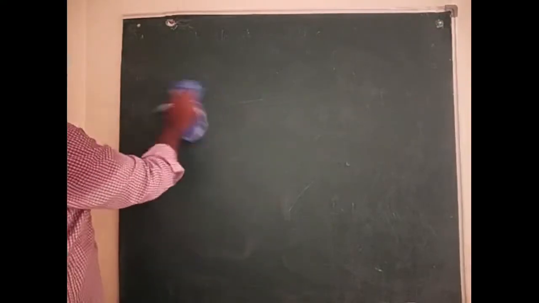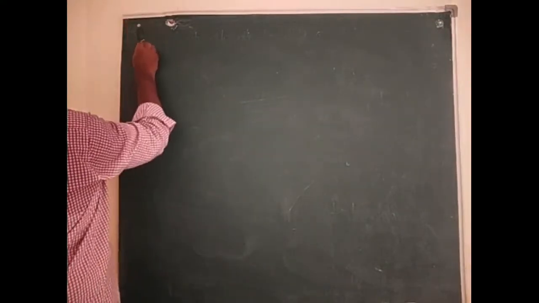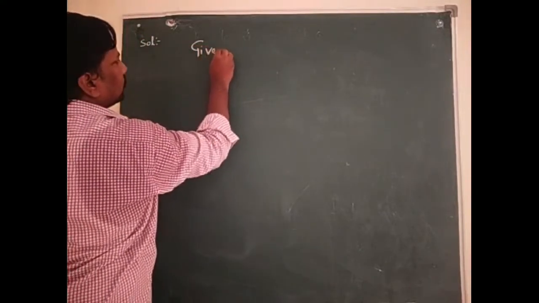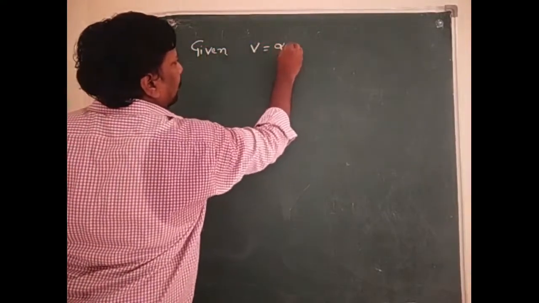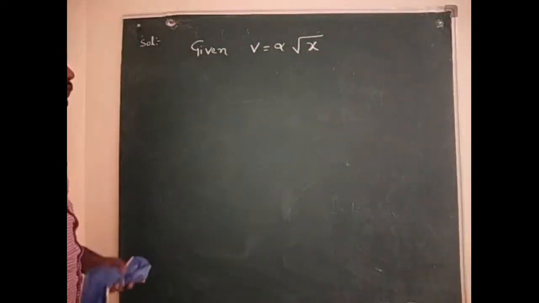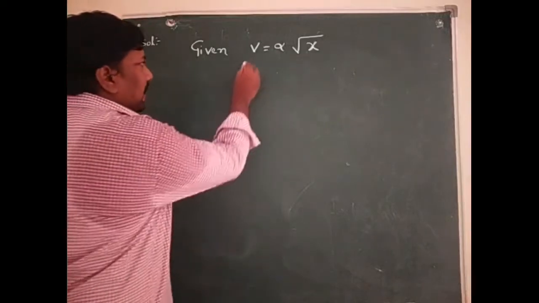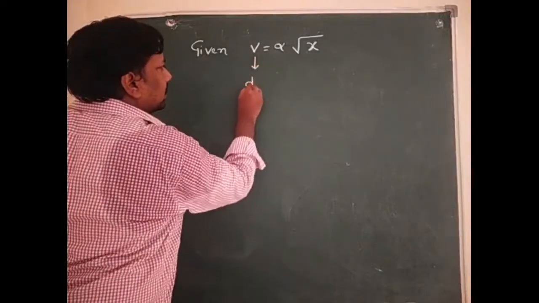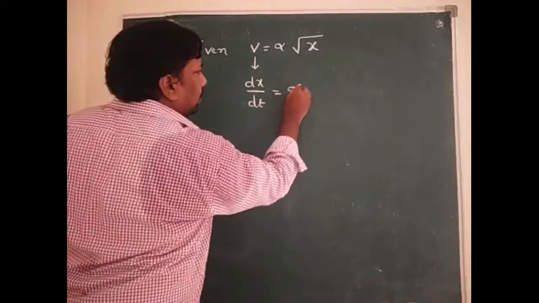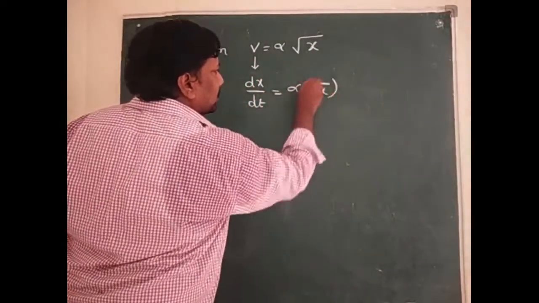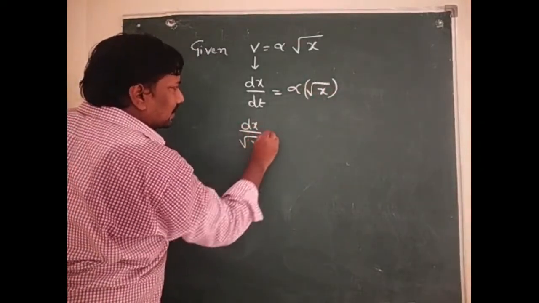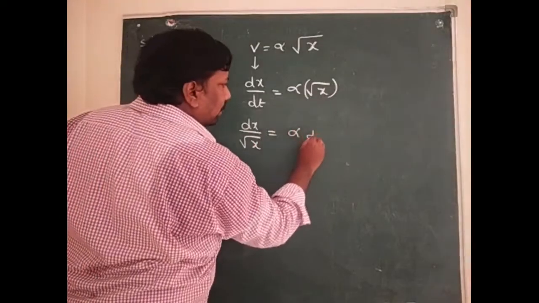Given equation, v equal to alpha into root x. Here v means velocity, velocity means dx by dt, is equal to alpha into root x. So dx by root x is equal to alpha into dt.